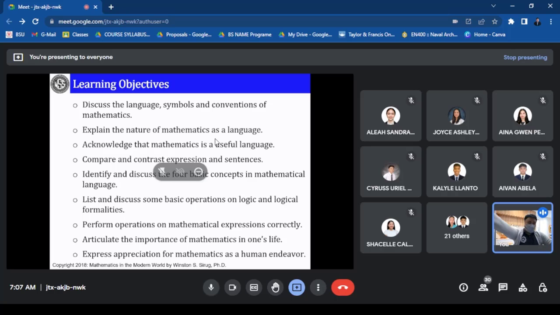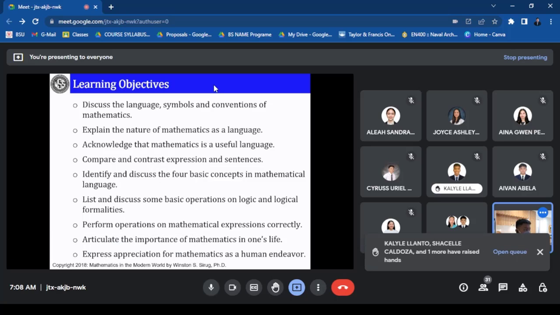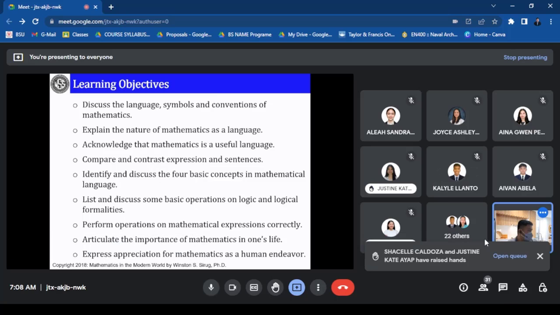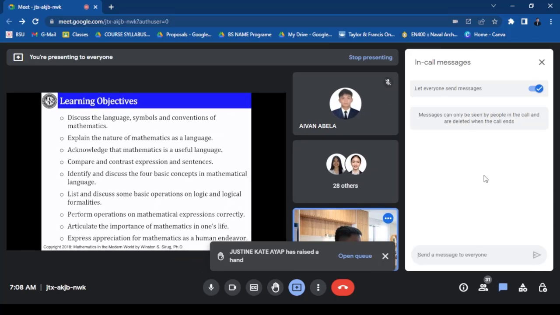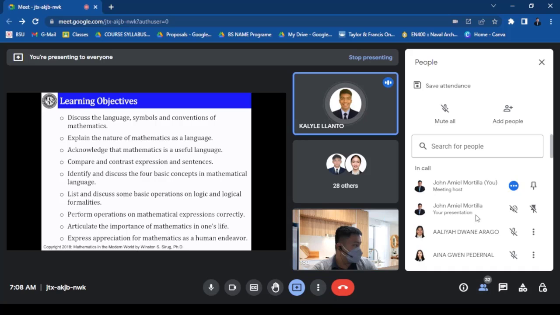Okay, so since chapter 2 na tayo, can anyone please read the learning objectives? Yes, Khalil. Learning objectives. Discuss the language, symbols, and conventions of mathematics. Okay, next.